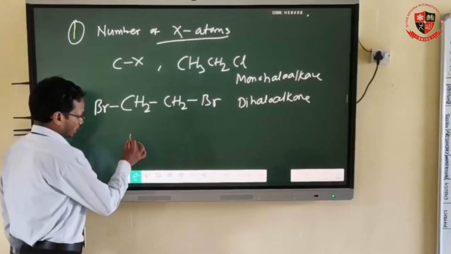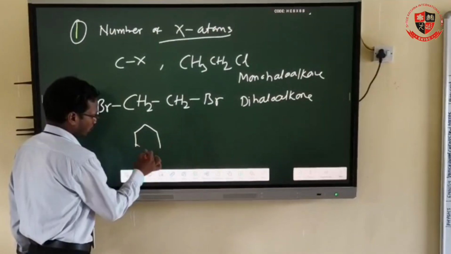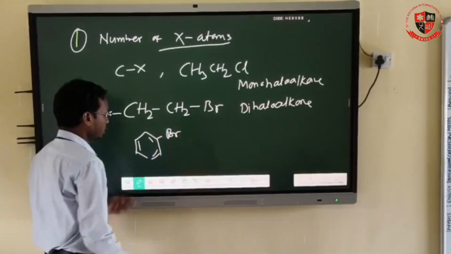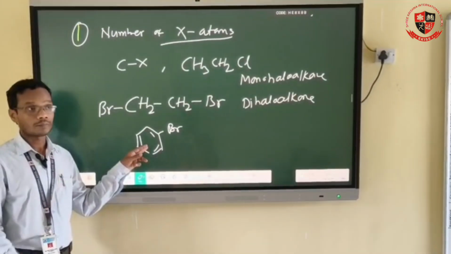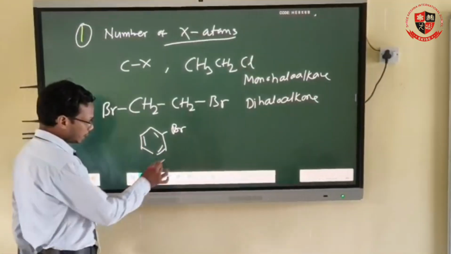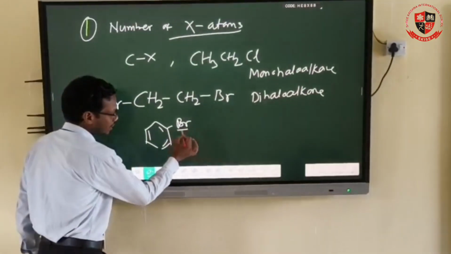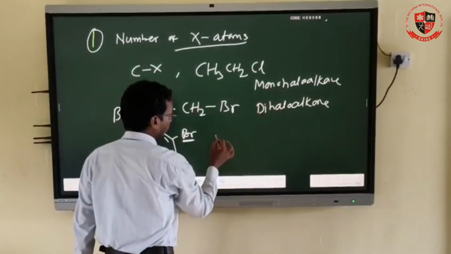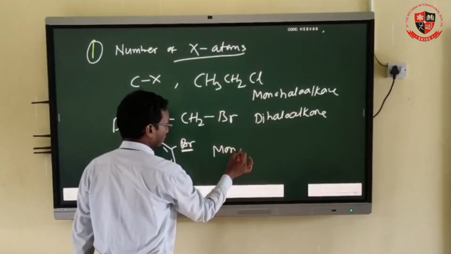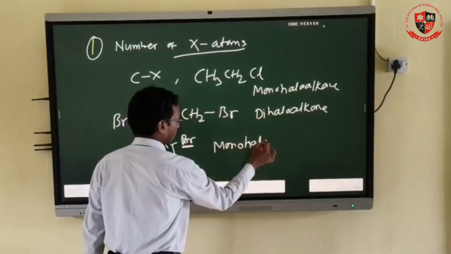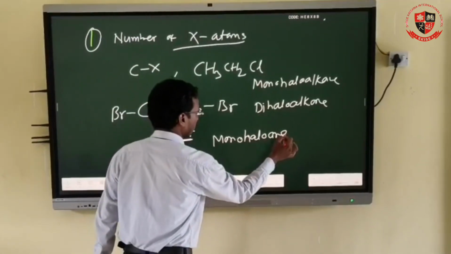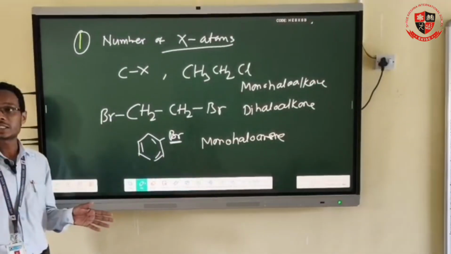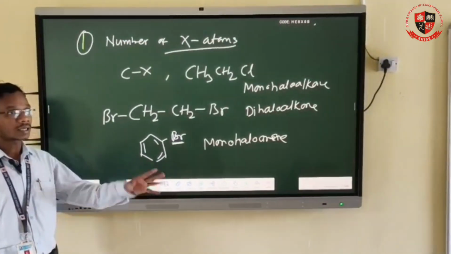For aromatics, suppose you know the name of this compound: bromobenzene. In this compound, there is only a single halogen. This compound is called a monohaloarene. And if there are two halogens, it is called a dihaloarene, and then a trihaloarene.